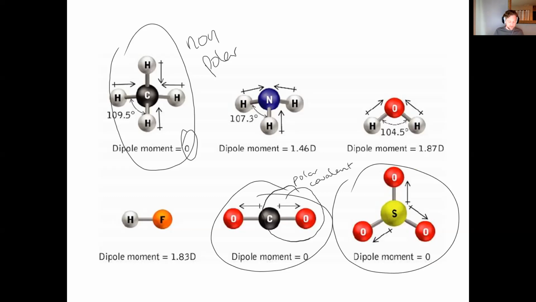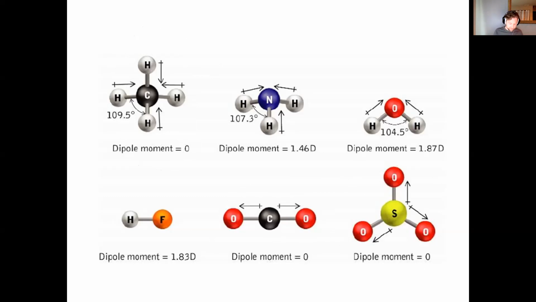So we say the overall molecule is nonpolar. Even triangles can cancel each other out. We haven't done a whole lot of vector geometry. You might do that when you're getting into calculus, but the geometry of a triangle is that even though they're 120 from each other, those are all in the same plane. And so the 120 angles within the same plane will cancel each other out as well.